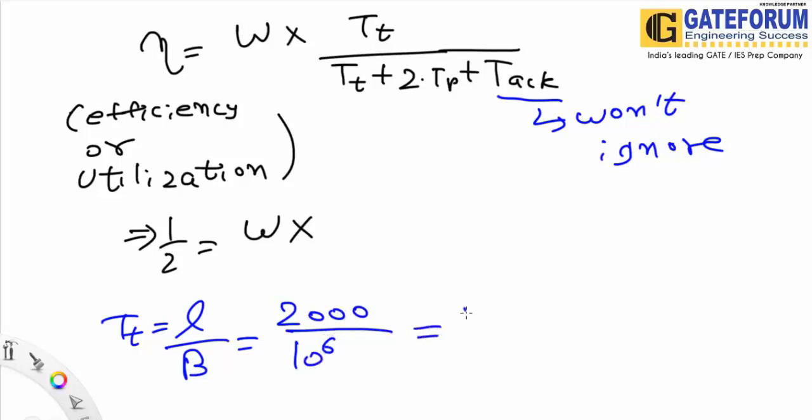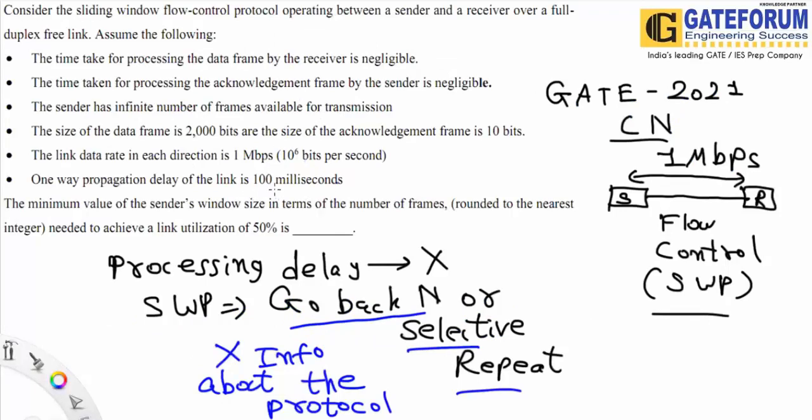You will get 2 milliseconds. I have taken milliseconds because the other unit is already given in milliseconds, to make it simpler.